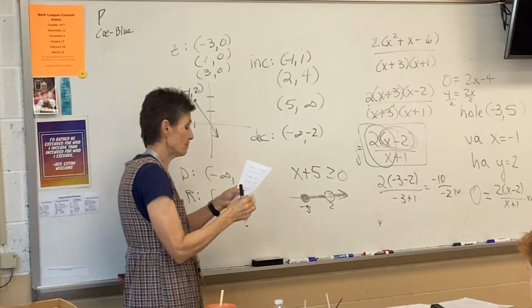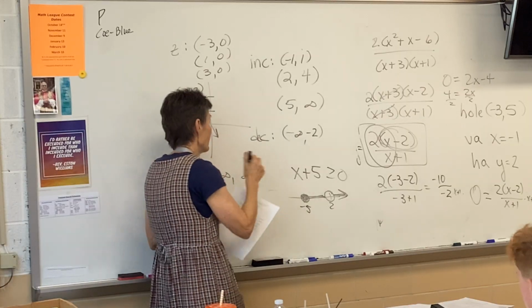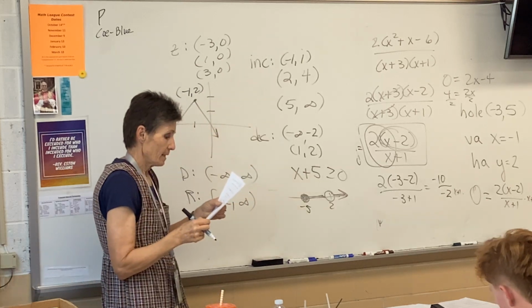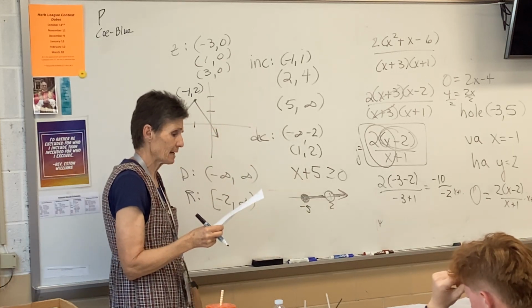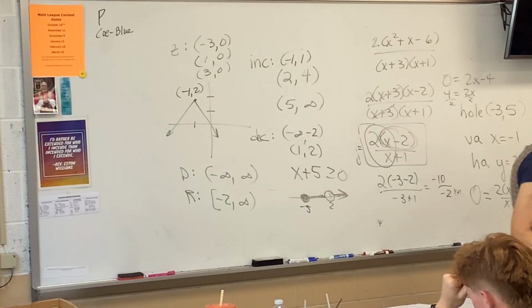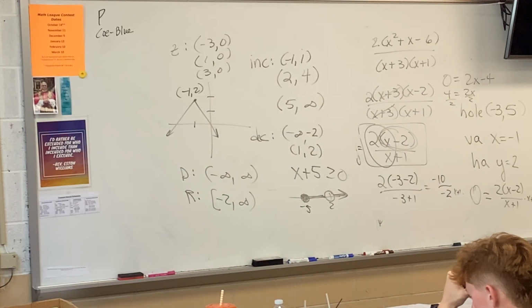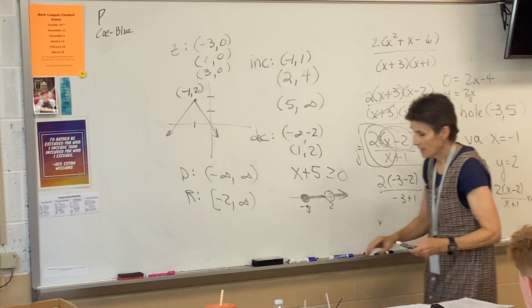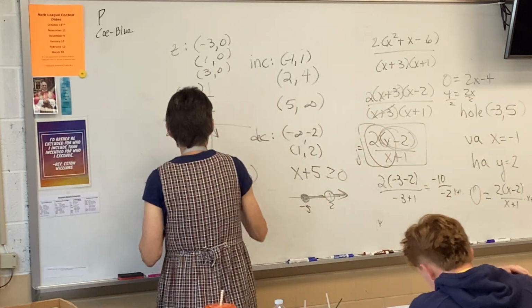And then when does it come down again? 1 to 2. And is that it? Yeah. That's it for coming down. Okay? Not that many problems, right?